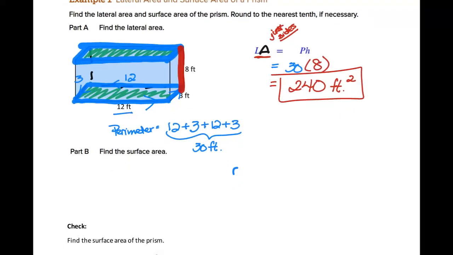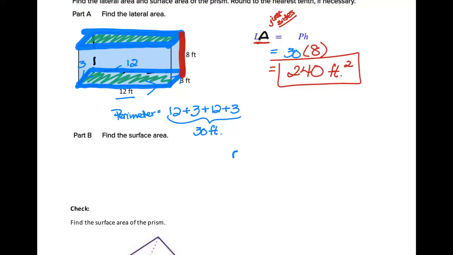Now we need to find surface area. Well, surface area is just your lateral area, which is the sides, plus your two bases, the top and the bottom, right? Whatever that shape happens to be.